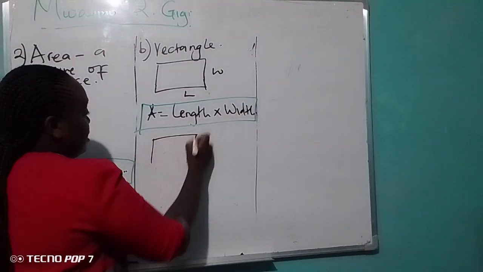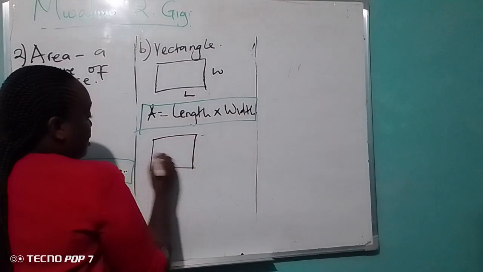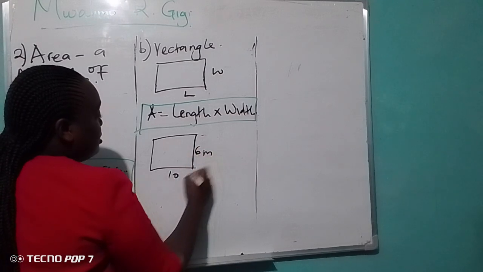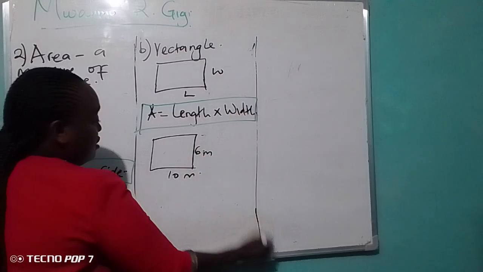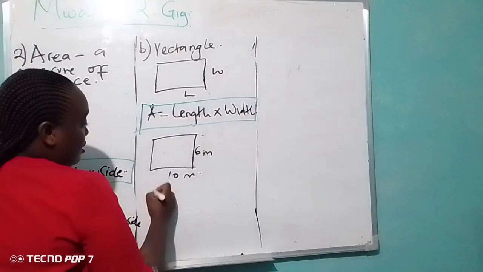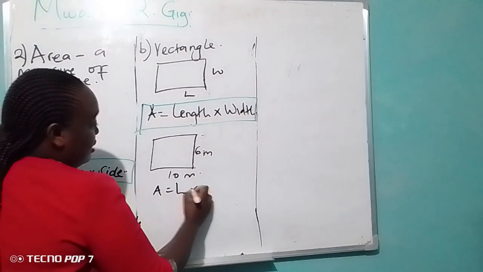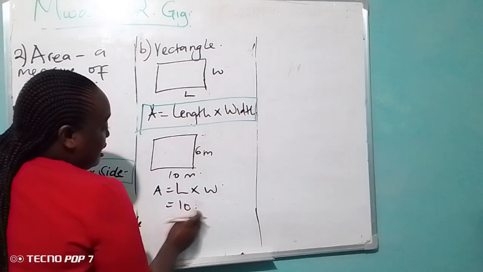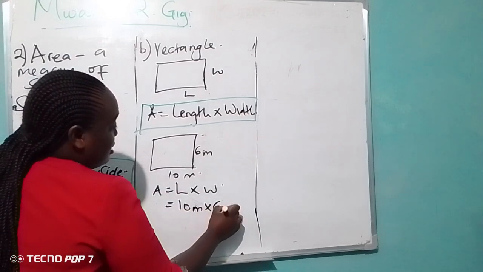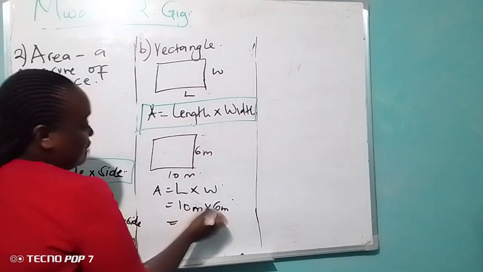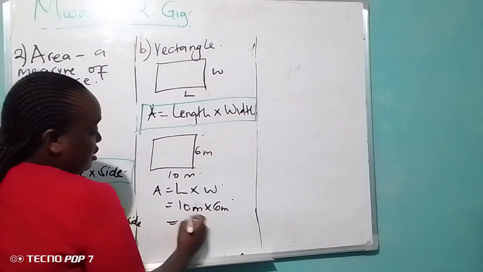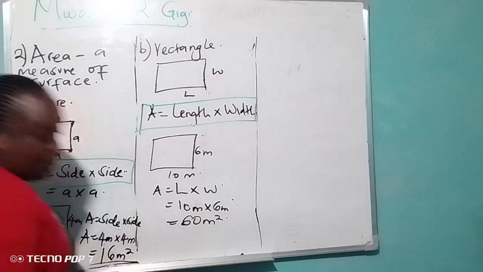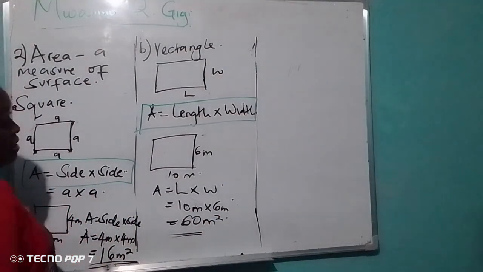So in this case, maybe we have 10 na 6 meters. You quote area is equals to length times width, which is equals to 10 meters times 6 meters, is equals to 10 times 6 ni ngapi? 60 meters squared. Sawa, meters squared.